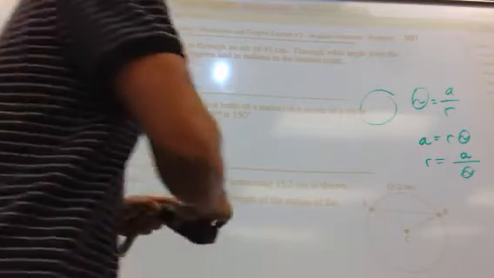So if you look at this problem in class example number 7: a pendulum 30 centimeters long swings through an arc of 45 centimeters. Through what angle does the pendulum swing? Answer in degrees and in radians to the nearest tenth.